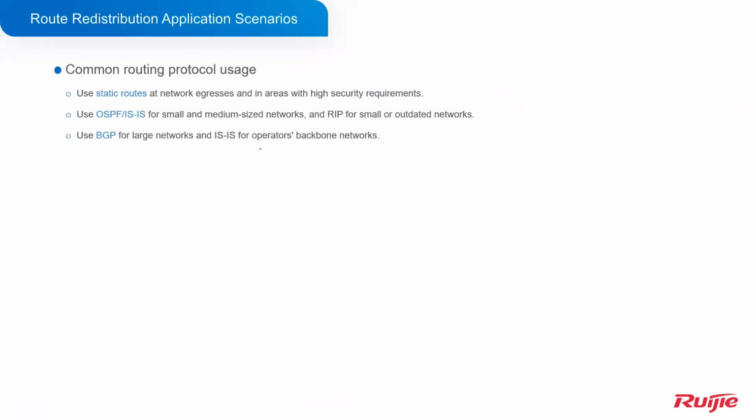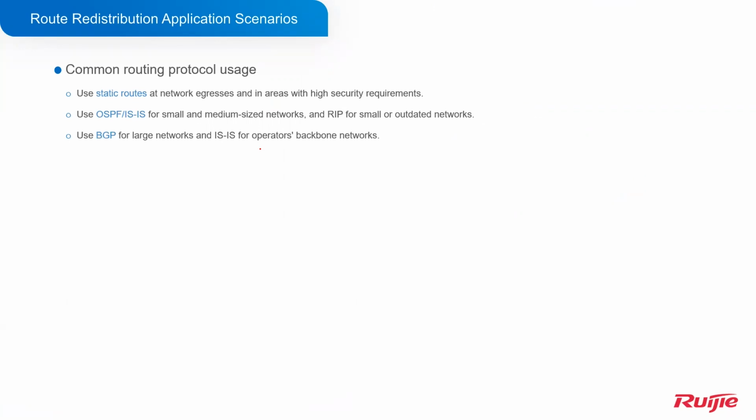Okay. After knowing the principle, next, let's see some application scenarios. The common routing protocol usage is like this. We use static routes at network egresses and in areas with high security requirements, while we use OSPF or ISIS for small or medium-sized networks, and RIP for small or outdated networks.